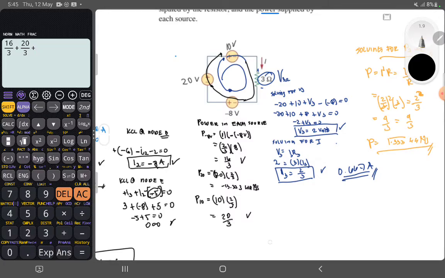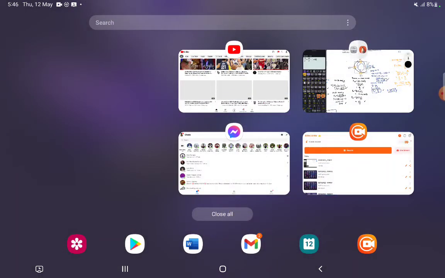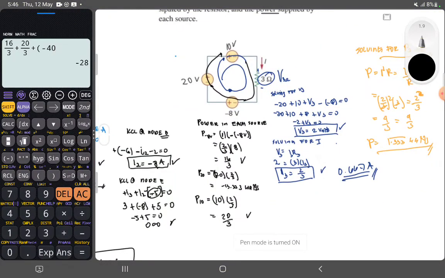So negative, kasi pumasok sa negative 20 volts, so negative 40/3, plus yung power ng ating 4/3, which is equal to positive 4/3. It must be equal to 0.